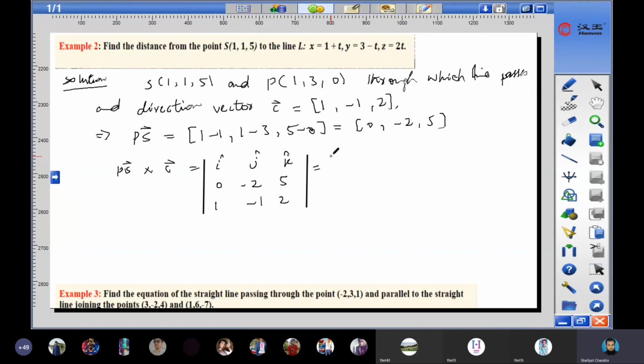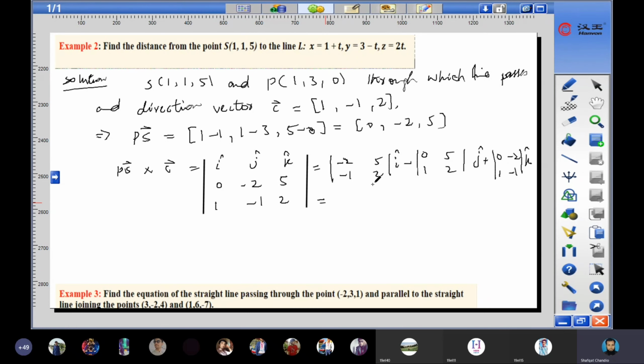So you will have to solve these determinants, minus 2, 5, minus 1, 2, and you already know that from your determinant portion. We did this earlier when we learned determinants. So you can see how we are utilizing the algebra in the geometry. So here we write the remaining numbers: 0, 5, and then 1, 2, and then from here we have 0, minus 2, and then 1, minus 1.